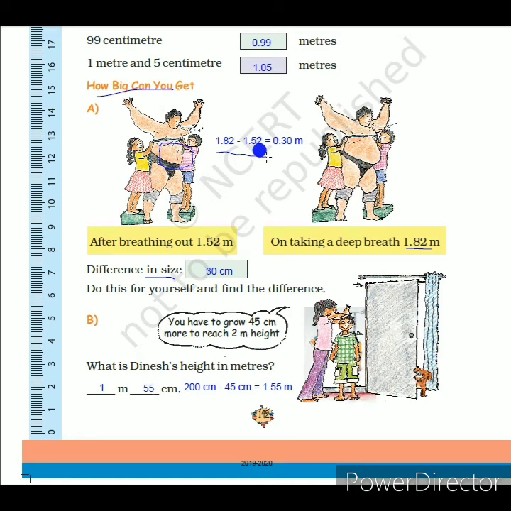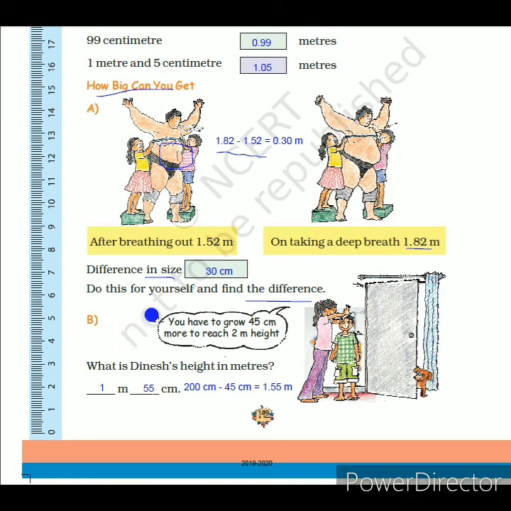The difference is 30 centimeter, or if we write it in meter, we can write 0.30 meter. Now do this for yourself and find the difference. So this you can also do, children. It's an activity. After breathing out and after taking a breath inside, you find out the size of your stomach and find the difference.